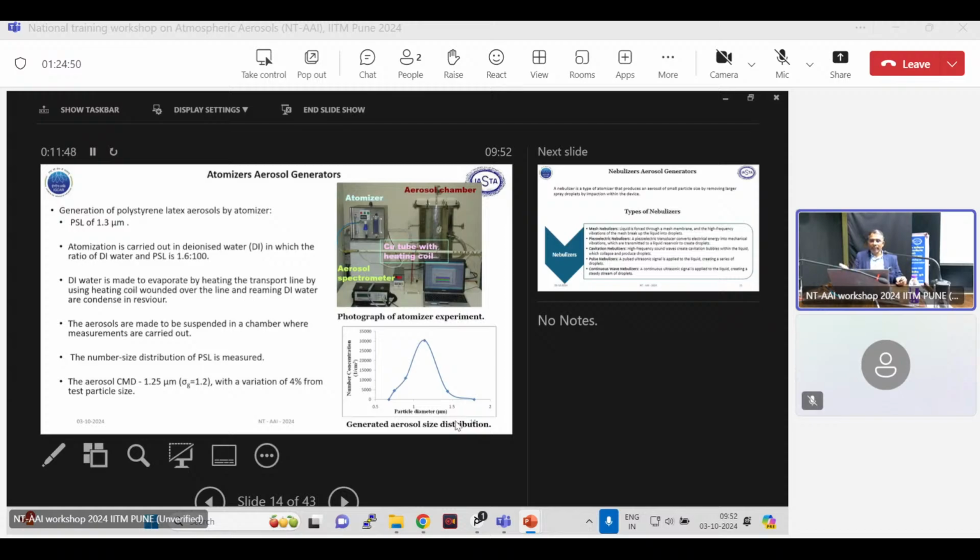Then when we measure by OPC, our standard test particle is 1.3 micrometer, and the particle measured by the optical particle counter is 1.25, and sigma is 1.2. So it meets the monodisperse aerosol property: sigma is less than 1.2, and the variation between the standard test aerosol and generated aerosol is less than 4%.